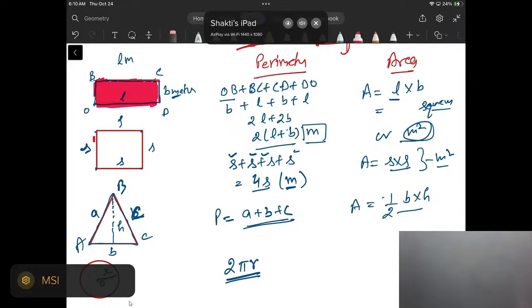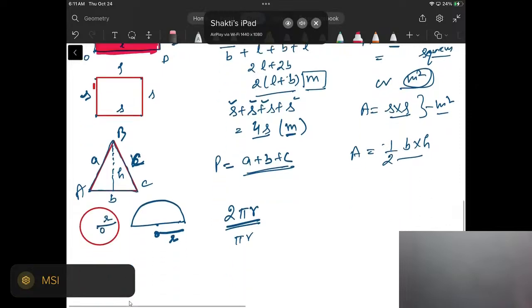Like tomorrow, if we have to compute the perimeter of a semicircle, so this is a circle O having the radius r. The perimeter of a semicircle is pi r. Now tomorrow, if I halve this one, so this is my semicircle, half of this semicircle is one fourth.